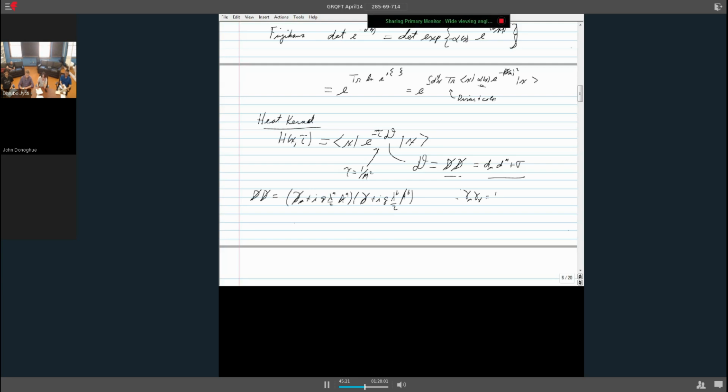Well, d slash is little d slash. Actually, let's make one extra step so you can see it better: d mu plus i g lambda a over 2 a slash, that is d slash plus i g lambda a b a slash over 2.